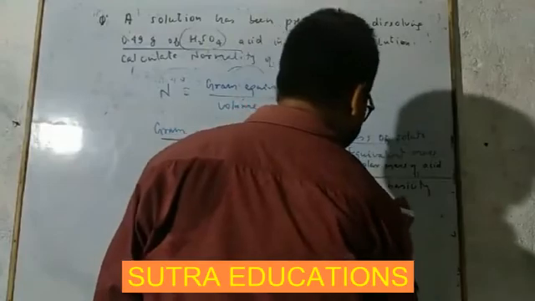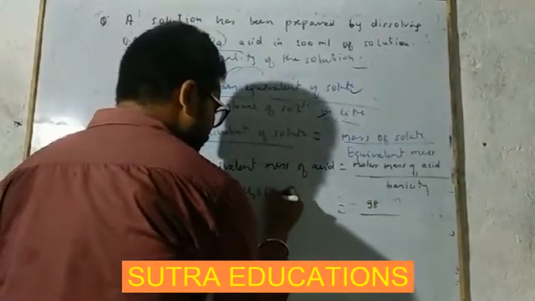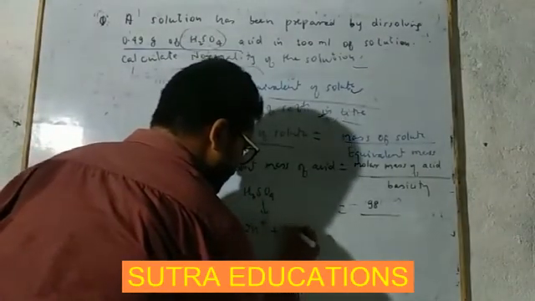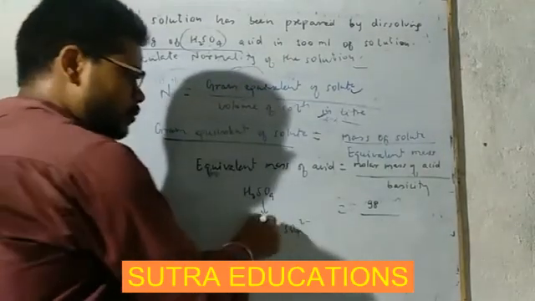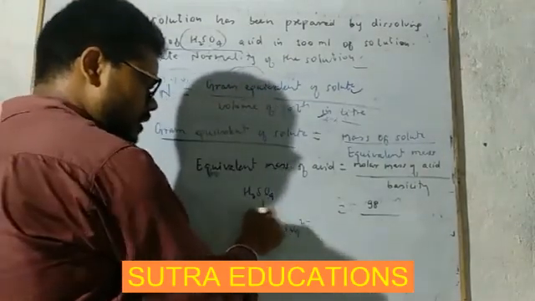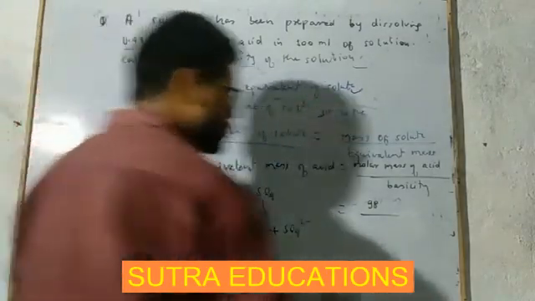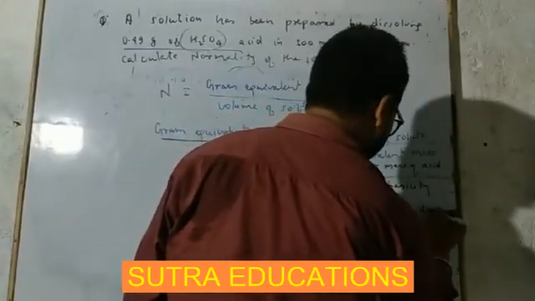It will be the molar mass, 98, divided by basicity. H2SO4 ionizes into 2H plus and SO4 2 minus. So 2H plus ions are there which can be replaced, so its basicity is 2, which means it will give you 49.